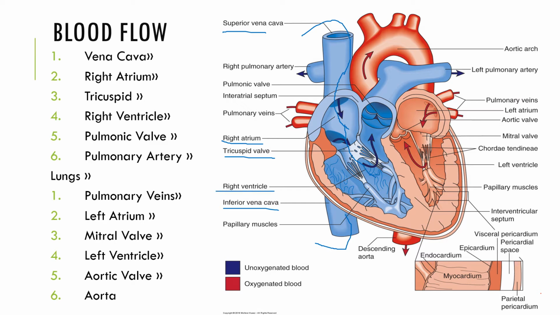From your right ventricle, we're going to the pulmonic valve. Remember, pulmonic is going to the pulmonary system. Then you're coming out, you're going to the lungs. What does it do when it gets to the lungs? We're switching to oxygenated. So, where it comes from, we are going back into your pulmonary veins.